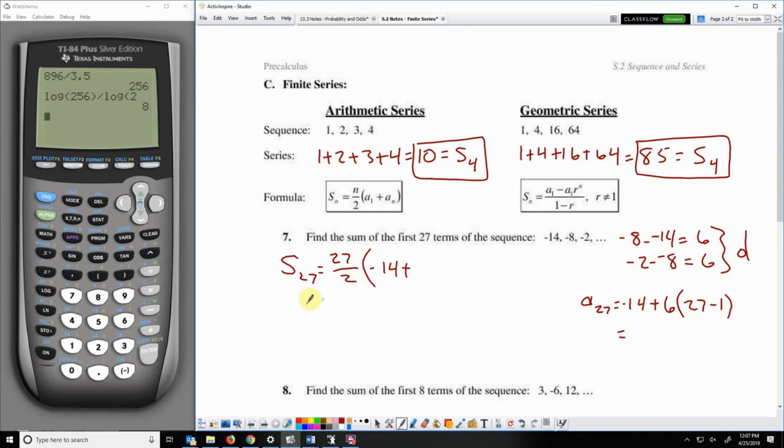Okay, so negative 14 plus 6 times 26 is 142. So the first term is negative 14, the last term is 142. So 27 over 2 times negative 14 plus 142. So the sum of the first 27 terms is 1,728.